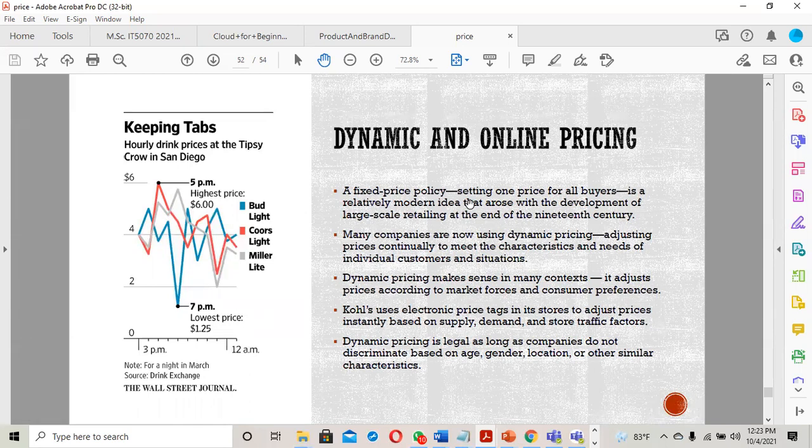So it's not a fixed price. The price fluctuates depending on the market factors. That is what is called dynamic pricing. There is certain software, for example, which you can install on your phone. You just go to the shop and scan a code, because the product itself is not going to tell you how much the price is. Using that software, you scan the code, and at that particular time of the day, it gives you how much it costs.